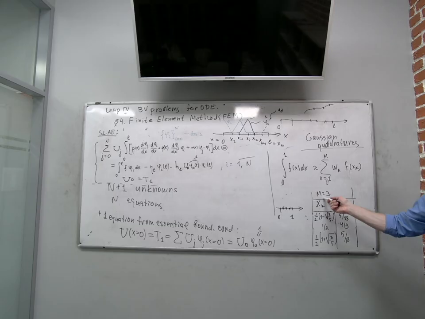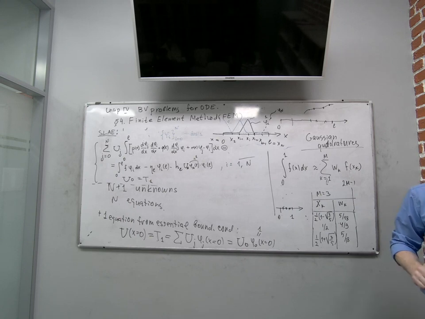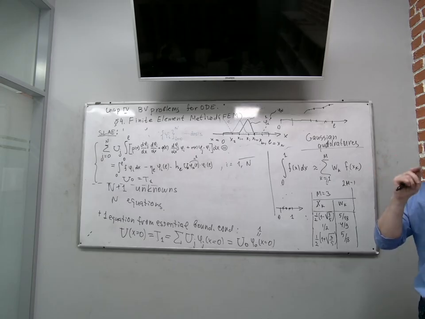This method allows us to integrate a polynomial of order 2m minus 1 exactly. If we take m equal to 3, then we can integrate a polynomial of fifth order exactly. Exactly, remembering about the rounding errors for sure.